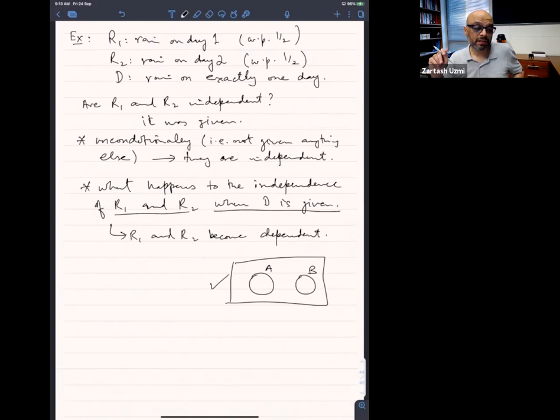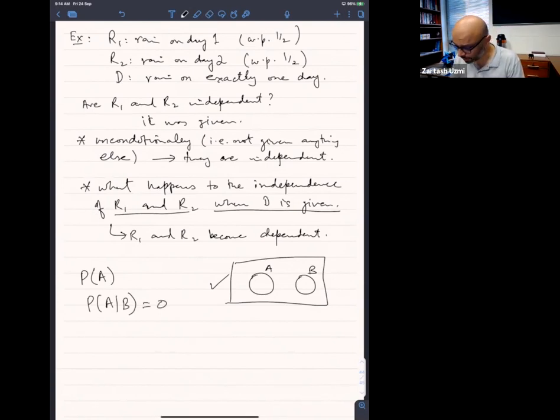Well, two events which are mutually exclusive, they are highly dependent. They are dependent on each other. क्यों? एक अकर कर गया तो दूसरा अकर नहीं कर सकता. So probability of A ये मालूम करें और probability of A given B मालूम करें. Probability of A given B is always 0.